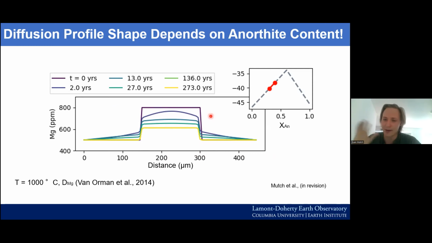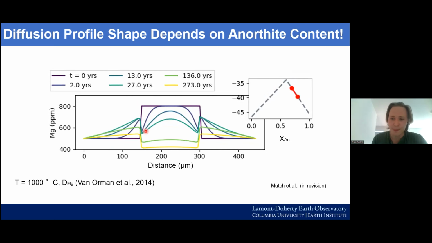And we just looked at how different anorthite compositions would affect the shape of the equilibrium profile. So in this instance, we have 2 zones in the C1 bar domain. And so what this would produce is an equilibrium profile that's shaped like this. So there's a positive correlation between anorthite content and magnesium.